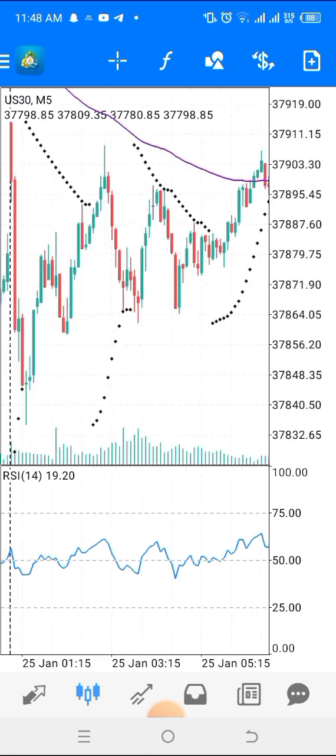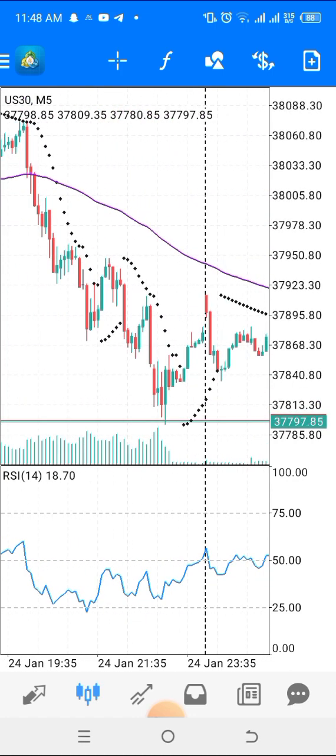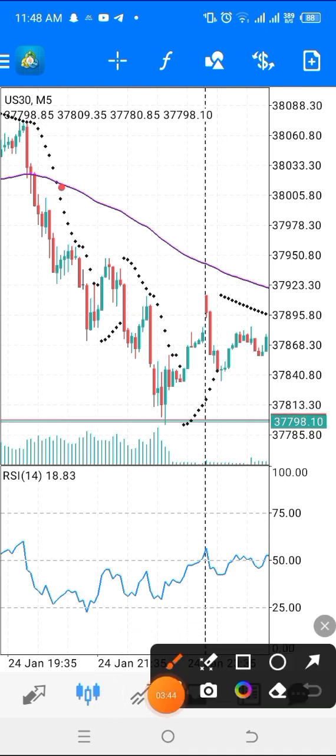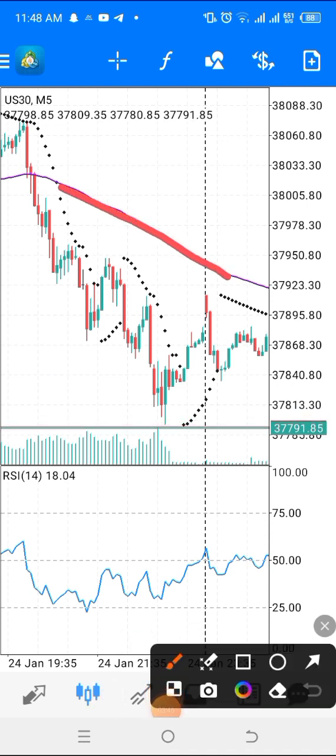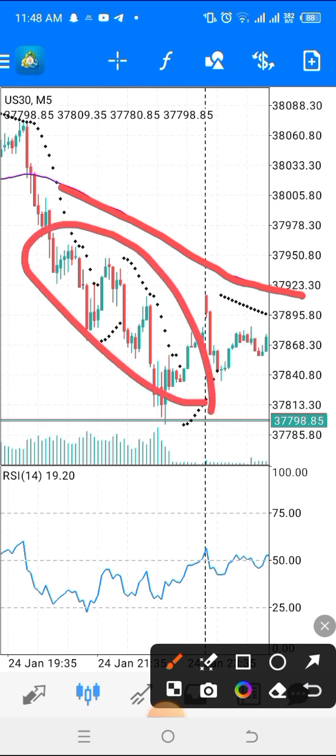So let me go over again. Over here we have the 100 exponential moving average. You see the moving average? The candles are below the exponential moving average. So when the candles are below, we go for a sell, and when the candles are above, we go for a buy.